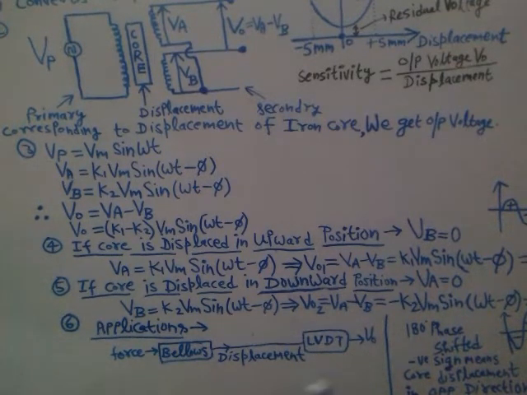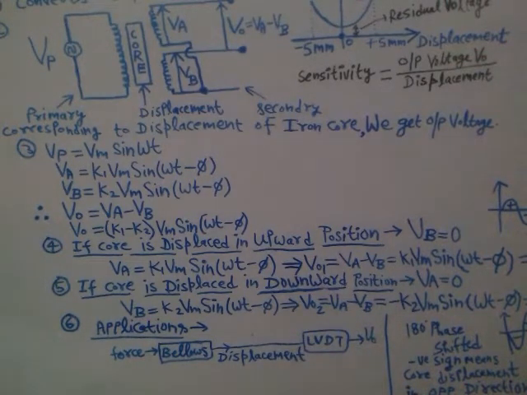So the LVDT can be used as a secondary transducer, because using the primary transducer we convert force into displacement, and then displacement is converted into output voltage using the LVDT.